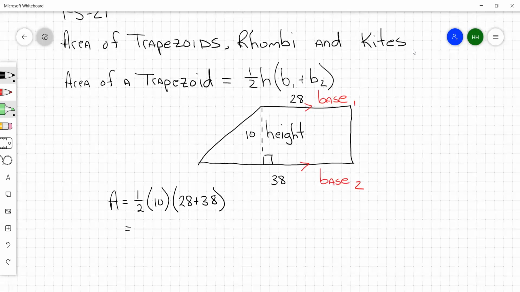So 1/2 times 10 is 5 times 28 plus 38 is 66. And 5 times 66, 330. So there's your area.